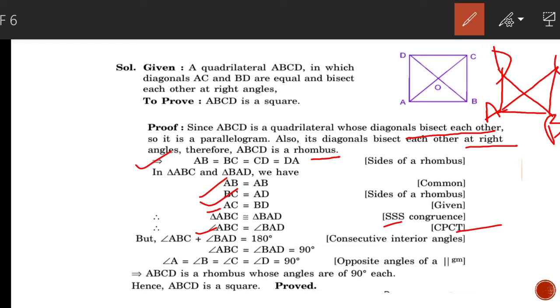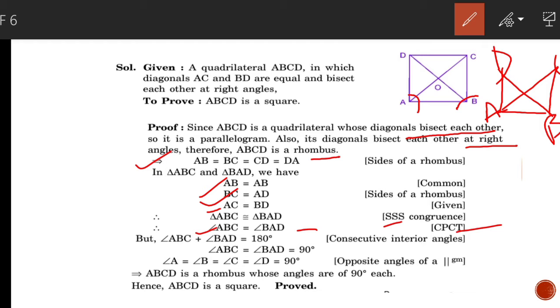quadrilateral, since it is a parallelogram, the sum of the co-interior angles is 180. This angle and this angle sum to 180, as co-interior angles. And also previously we have said that angle ABC is equal to angle BAD.